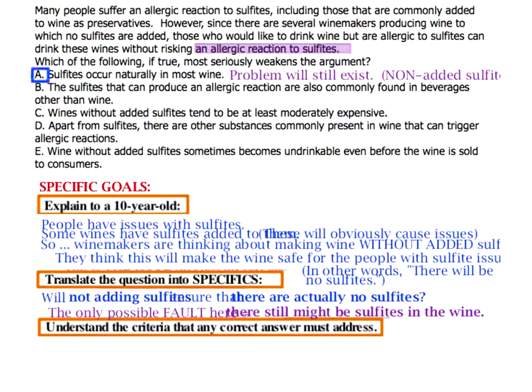As far as the other choices go, we don't care about beverages other than wine because we're only talking about wine. We're not talking about costs.